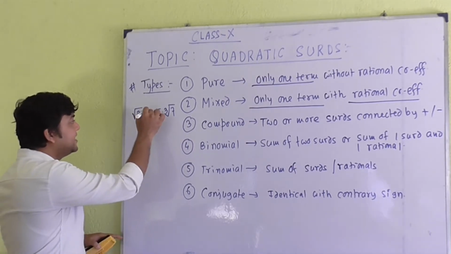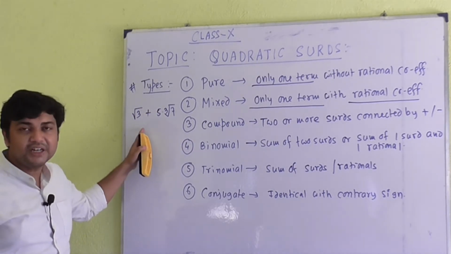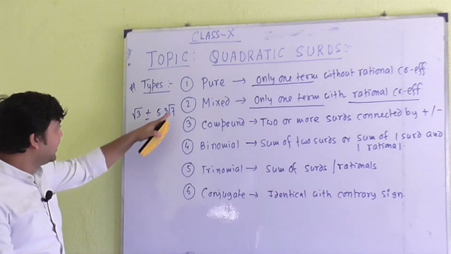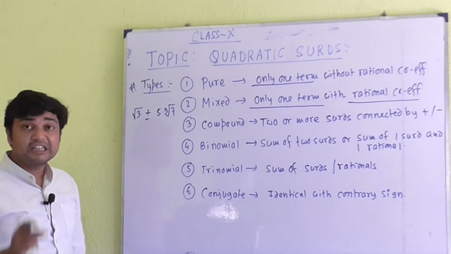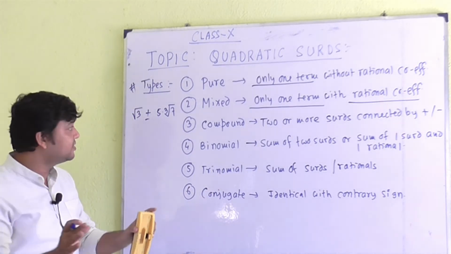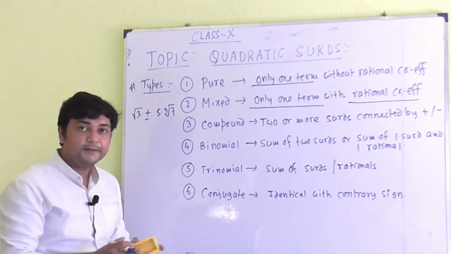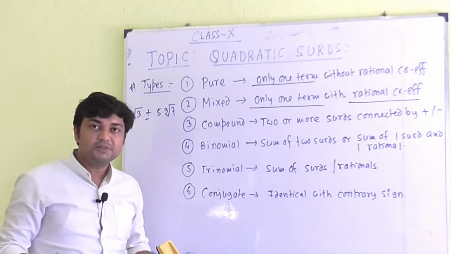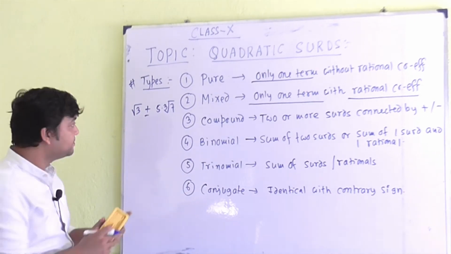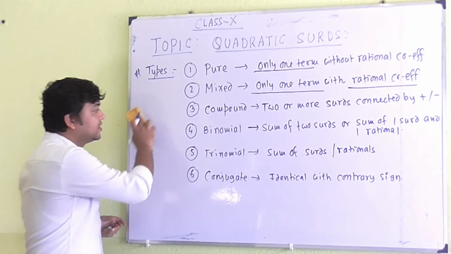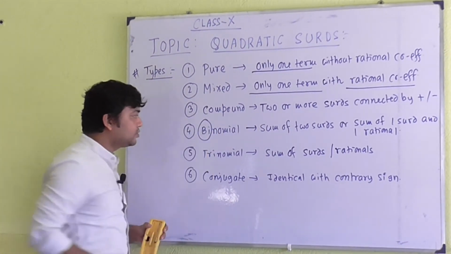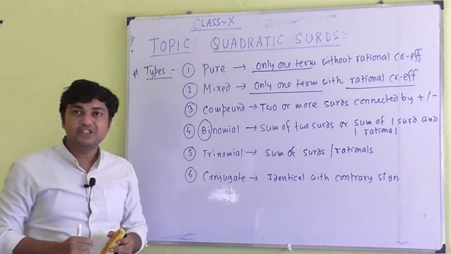If you connect these two terms by some operation like addition or subtraction, this kind of surd will give you the concept of compound surd. So compound surd is basically a surd consisting of two or more terms connected by some operations like addition or subtraction.